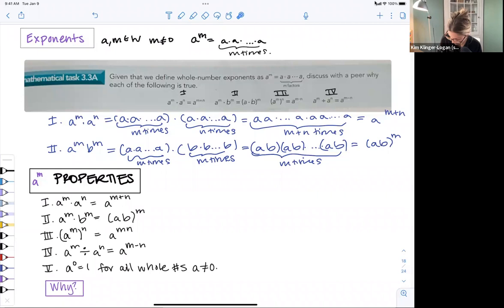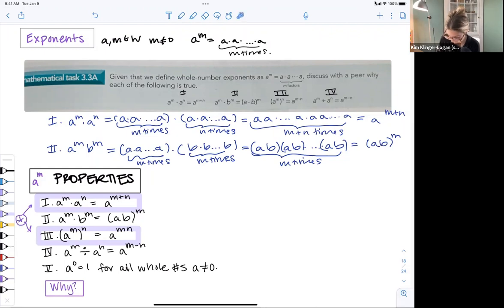The third property here says that if I have A to some power raised to a power again, I can multiply the exponents. I'm going to flag that there are some important differences between number 3 and number 1, and knowing when to use each one is really important.